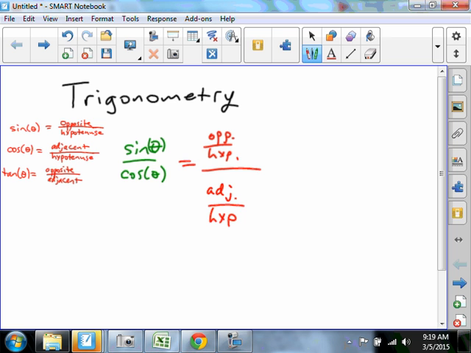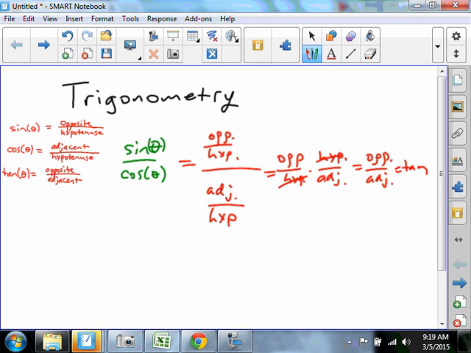Now, a few months back, we studied how to simplify fractions. So this is the opposite over the hypotenuse multiplied by the hypotenuse over the adjacent, and the hypotenuses cancel, and we're left with opposite over adjacent. But wait a minute. What's the opposite over adjacent? That's the tangent.